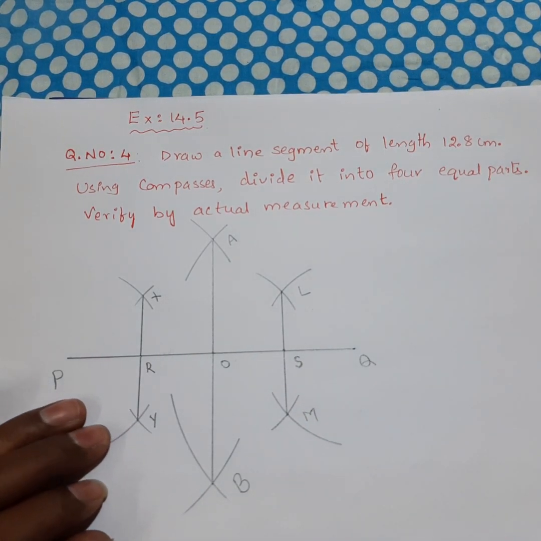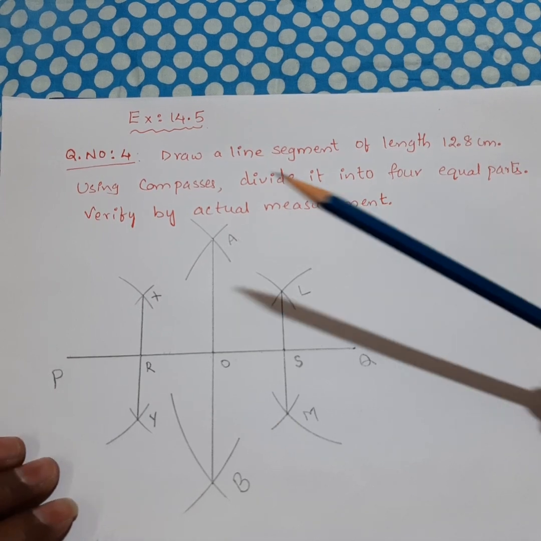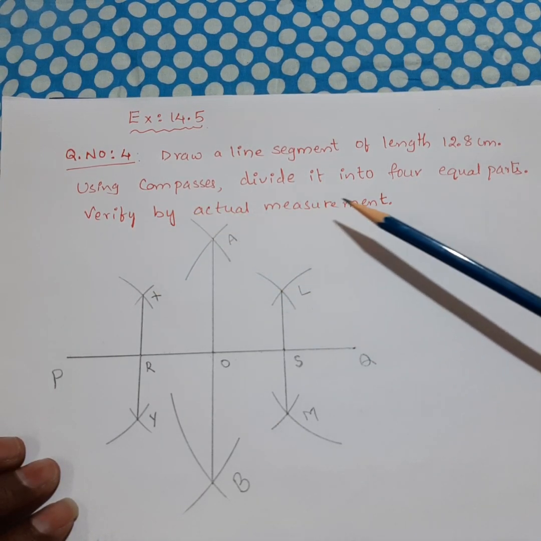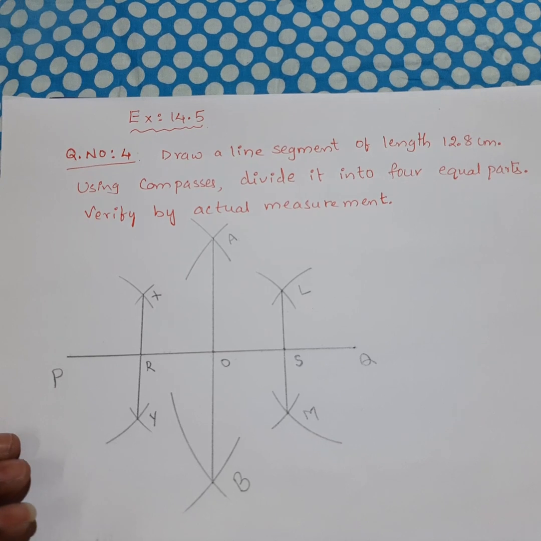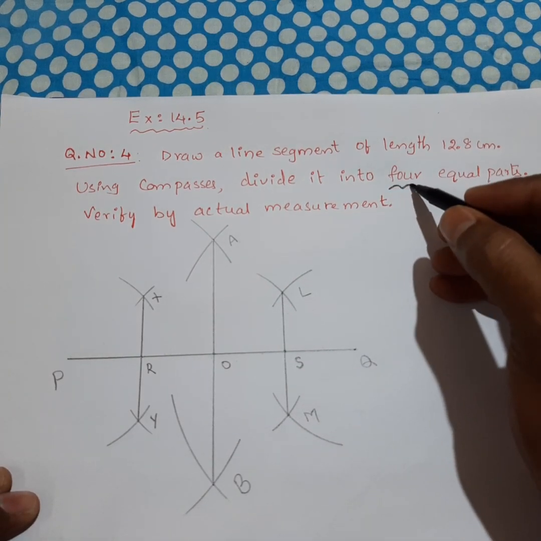Right, children? Now again they are asking us to verify by actual measurement. So here, first of all, 12.8 we divided into 4 equal parts. How many parts did we divide into? We divided into 4 equal parts.